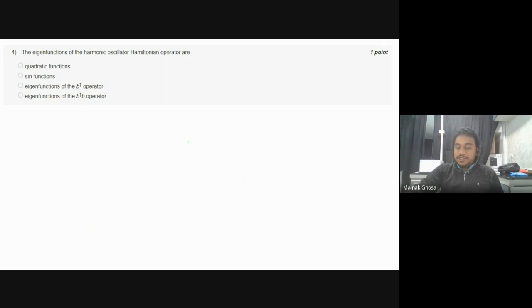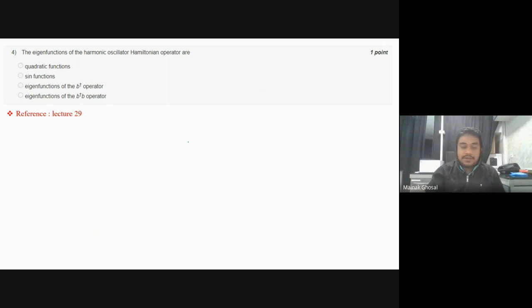So this is the fourth question I am going to solve. The eigenfunctions of the harmonic oscillator Hamiltonian operators are: a quadratic function, a sine function, eigenfunctions of the B dagger operator, or eigenfunctions of the B dagger B operator? So what should be the answer?